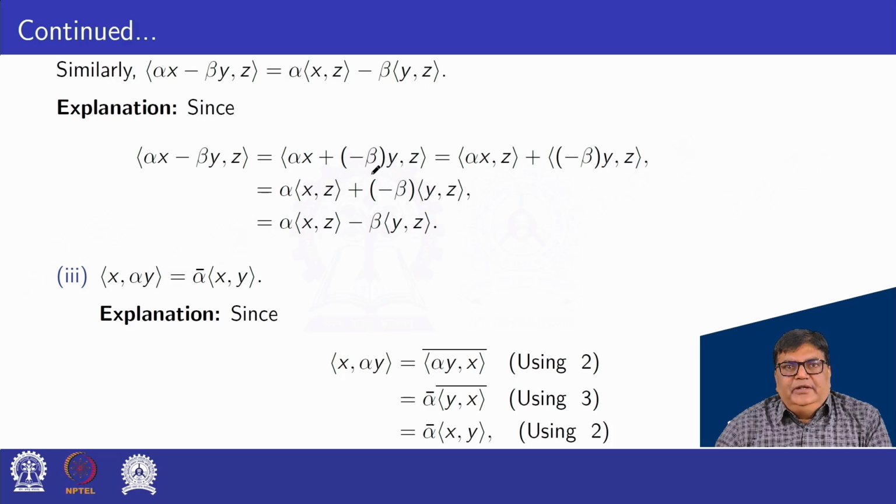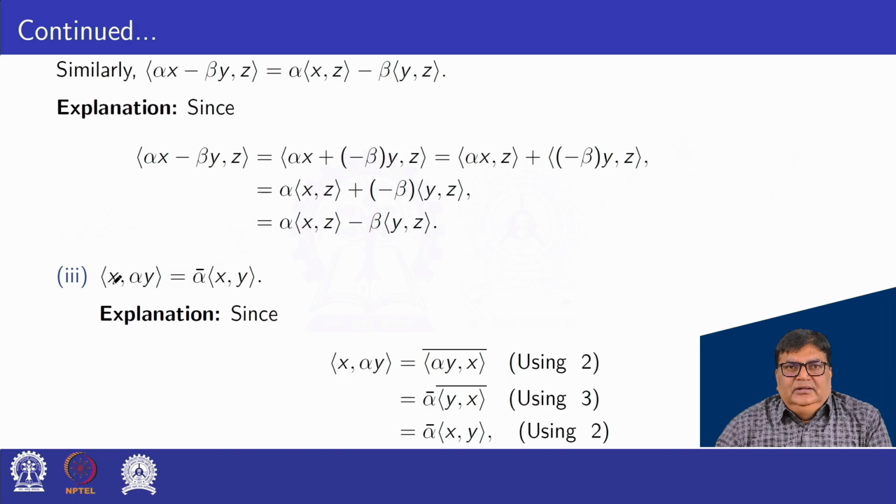Again using the third property of inner product, that is alpha into inner product of (x, z) plus (minus beta) into inner product of (y, z), because alpha and minus beta are scalars. Therefore, this equals alpha into inner product of (x, z) minus beta into inner product of (y, z). So it is true.